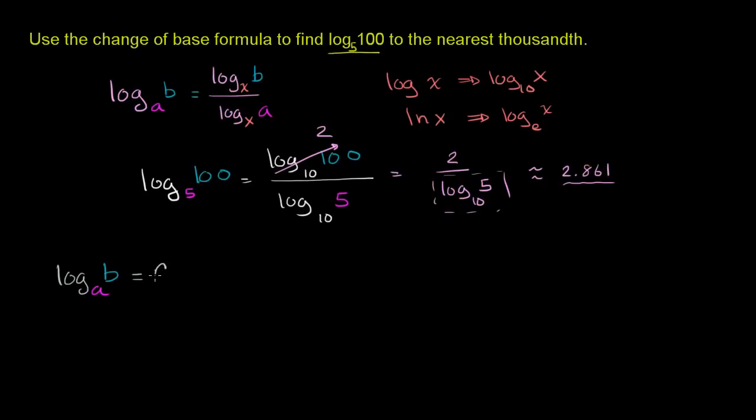Let's call that c. So that means that a to the cth power is equal to b. This is an exponential way of writing this truth, and this is a logarithmic way of writing this truth.